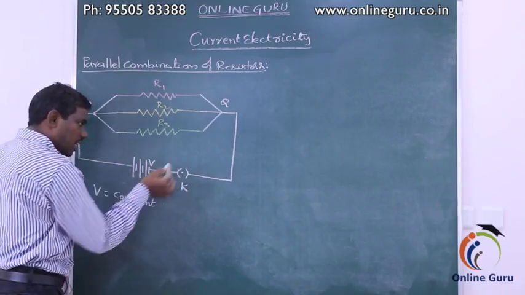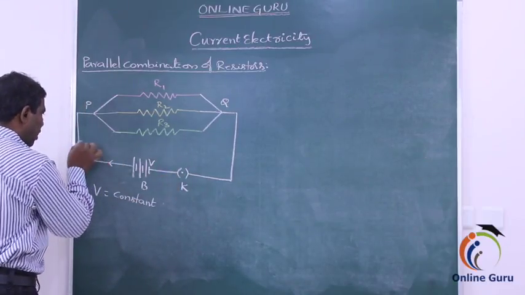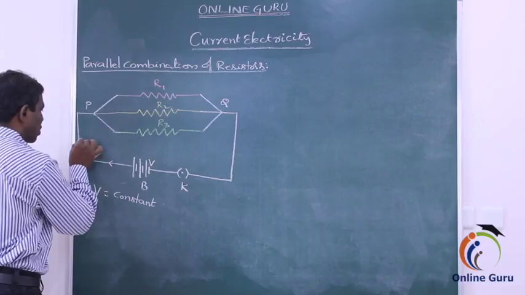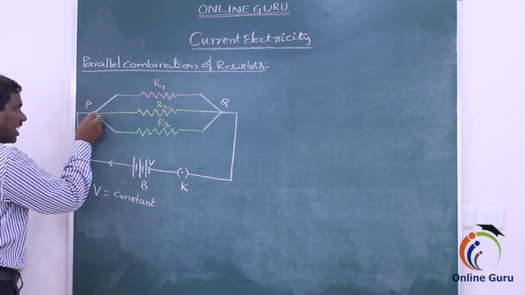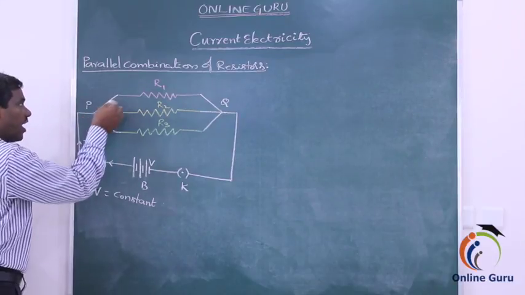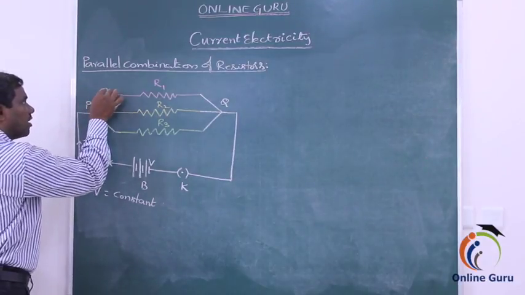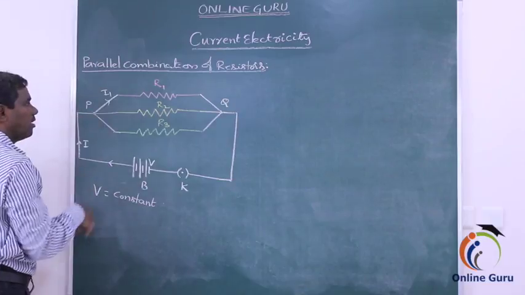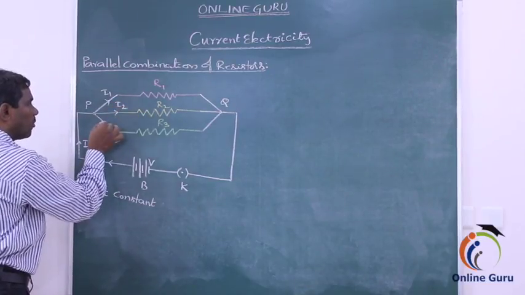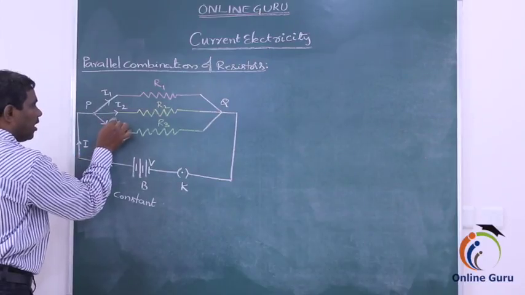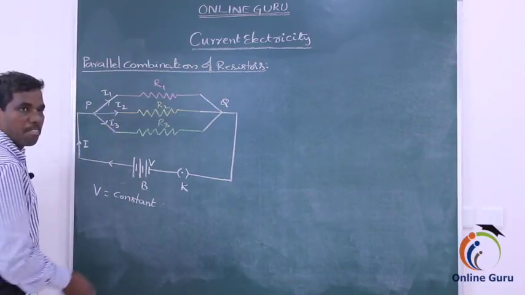When we make the circuit, current I passes through the circuit. Current I reaches the junction P, then divides through the resistor R1 as I1, resistor R2 as I2, and resistor R3 as I3.